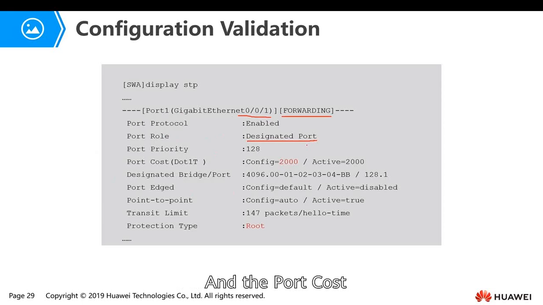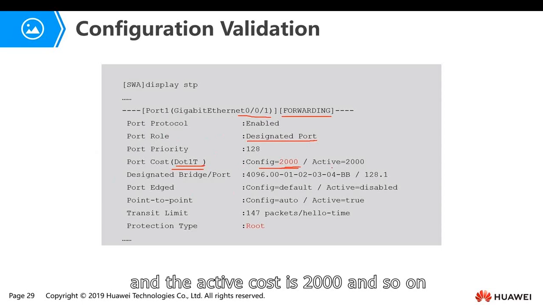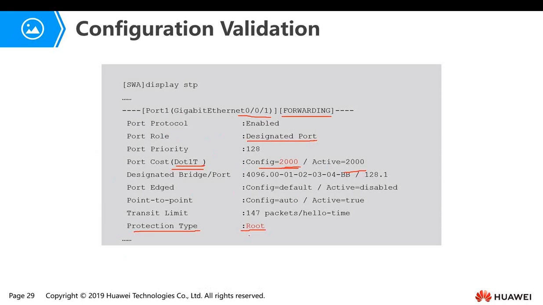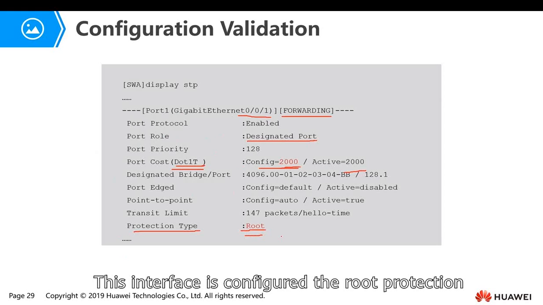The port cost follows the 802.1t standard, the configured cost is 2000, the active cost is 2000, and so on. And the protection type shows this interface is configured with root protection.